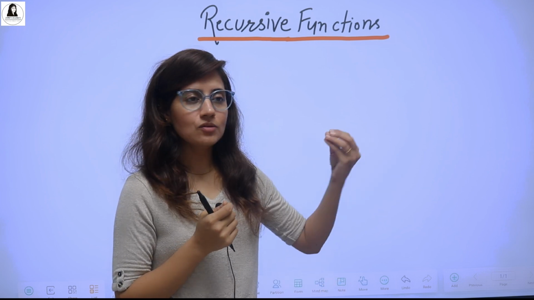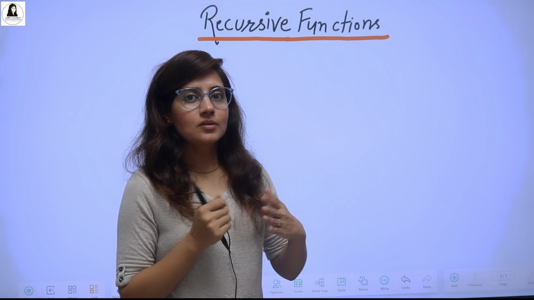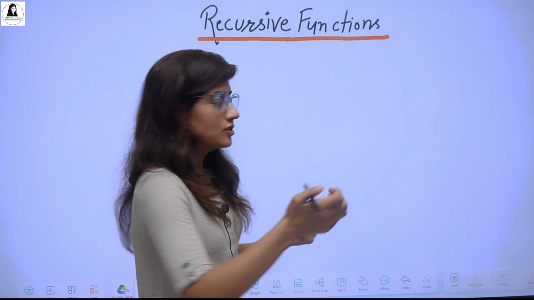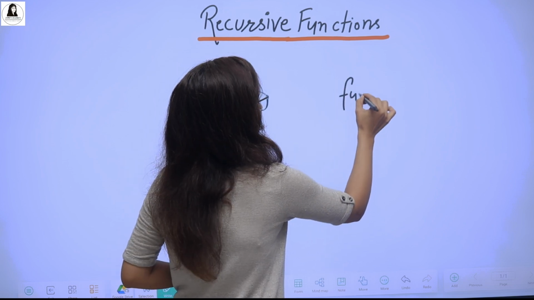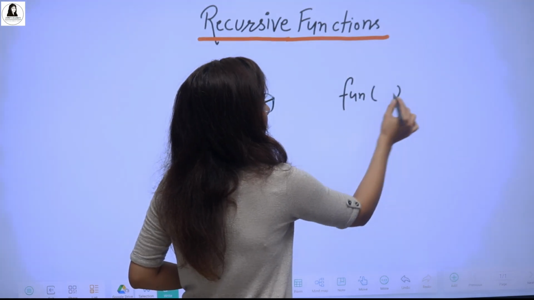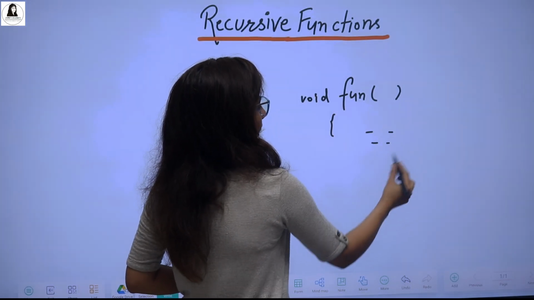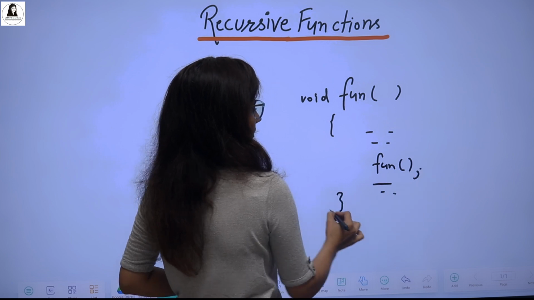Yes, in a program we have some functions, and if a function calls itself, then this technique is known as recursion, right? Suppose I have a function fun in my program. Here I am writing something, and within this I am again calling fun. Here I write something.